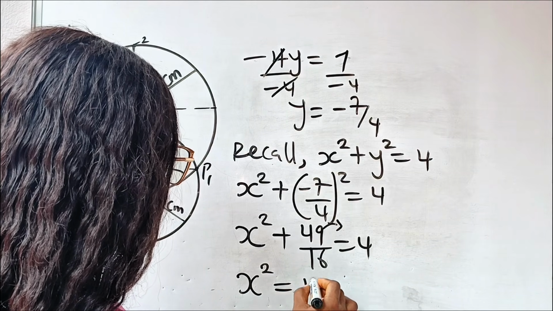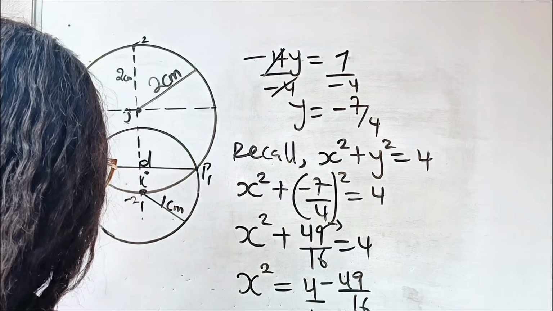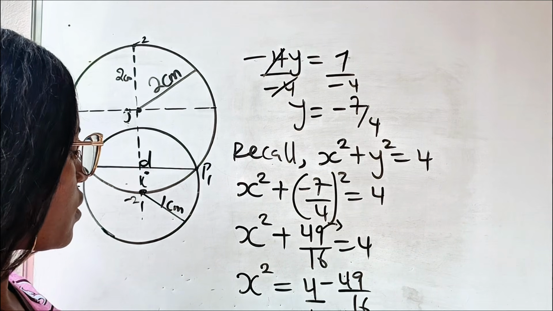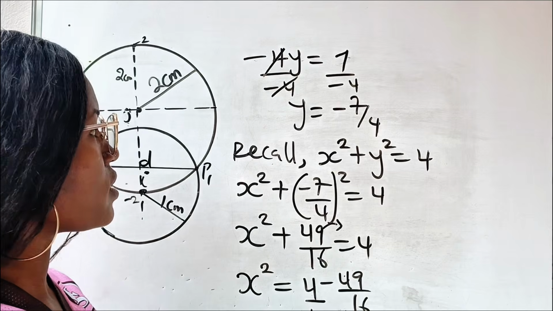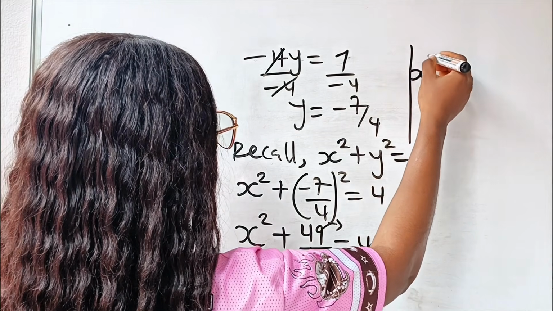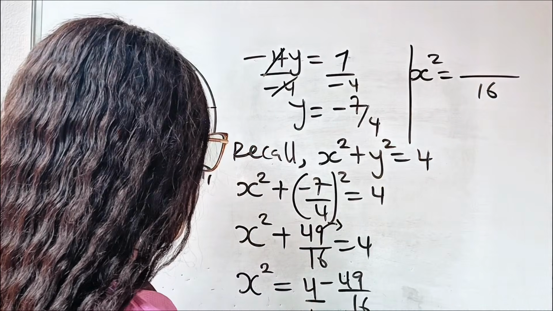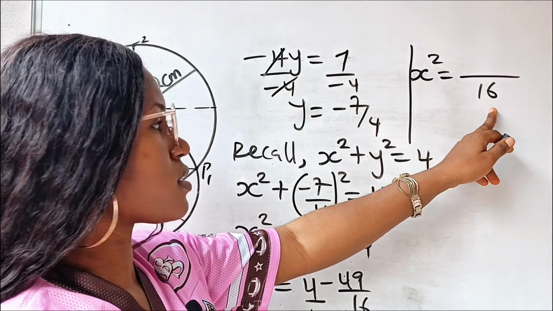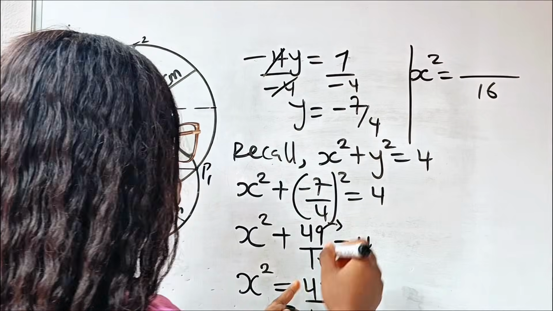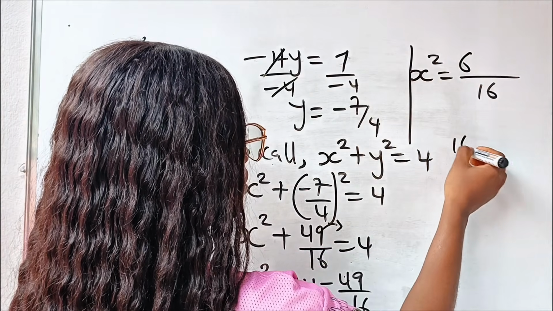We will have x squared is equal to 4 minus 49 over 16. Now let us solve. The LCM of 1 and 16 is 16. When 1 divides 16, we have 16. 16 times 4 is 64.